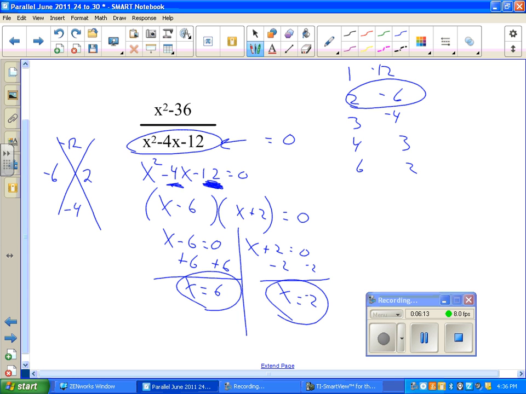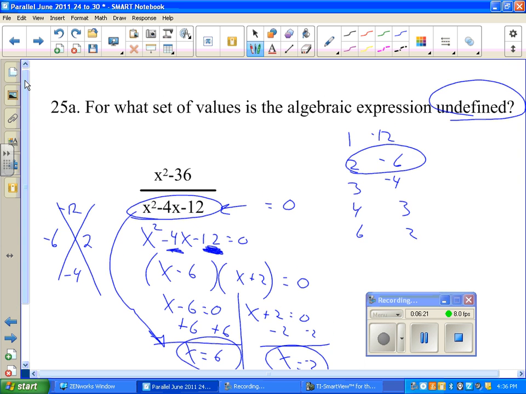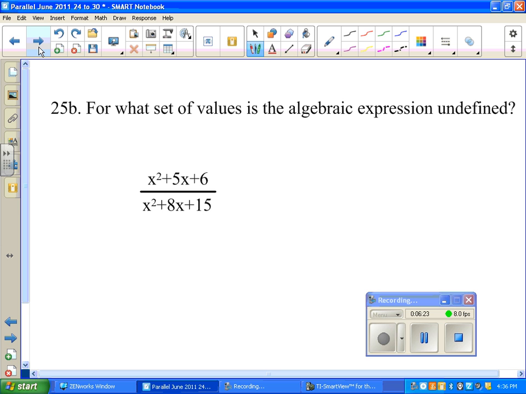We made the bottom undefined by setting it equal to 0, factored it, found the solutions. There it is, the solutions to a quadratic. I've heard that before. Here's another one. Take this, factor it. What two numbers multiply to be positive 15, add up to positive 8? 5 and 3.